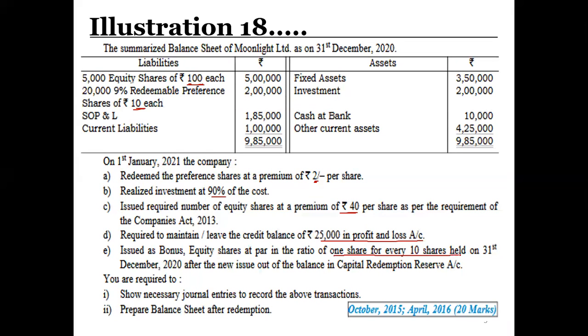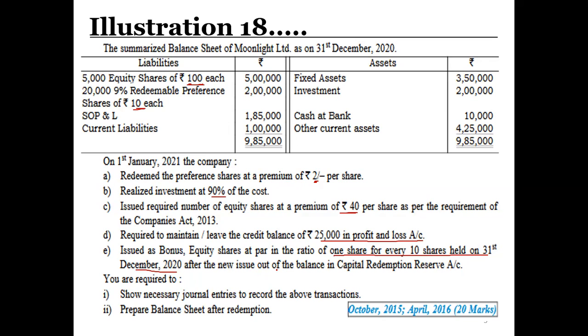Point number E says: issue bonus shares at par in the ratio of 1 share for every 10 shares held on 31st December 2020, after the new issue, out of the balance in the capital redemption reserve account. What they are saying is, on 31st December 2020, whatever number of equity shares we have, we are going to consider only those equity shares.